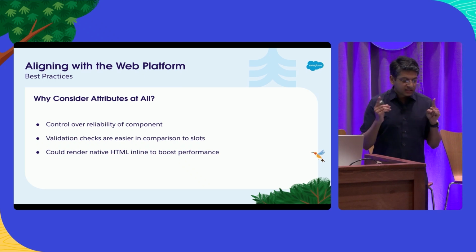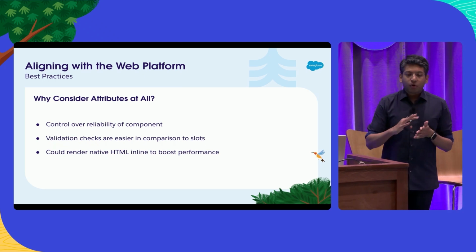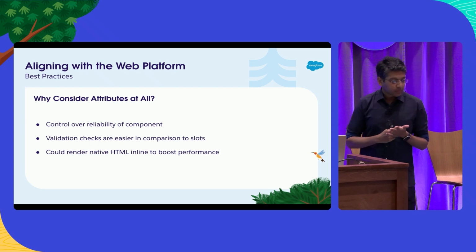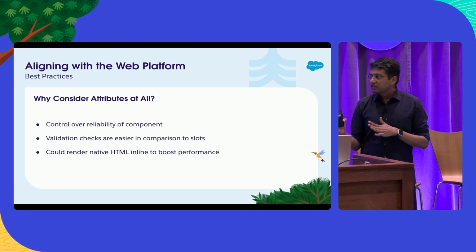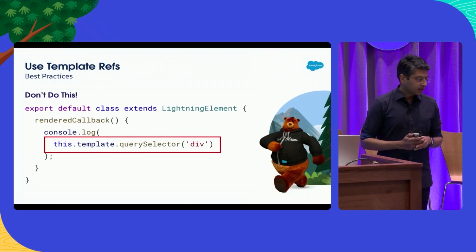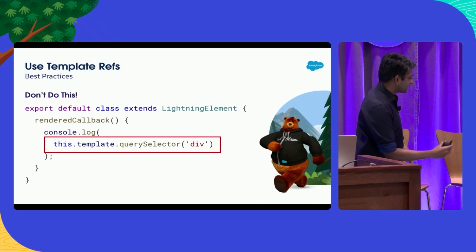Now you can render these elements inline and avoid having to render custom LWC components. So think about that when you're designing your components. In the general use case, the benefits of slots outweigh those of using attributes. But it's definitely worth a thought. And I'll let Jason talk about template refs.